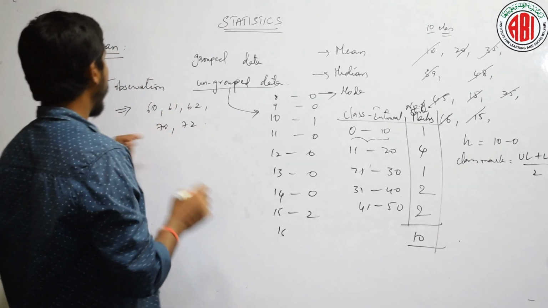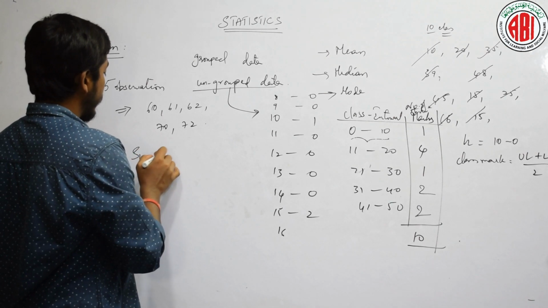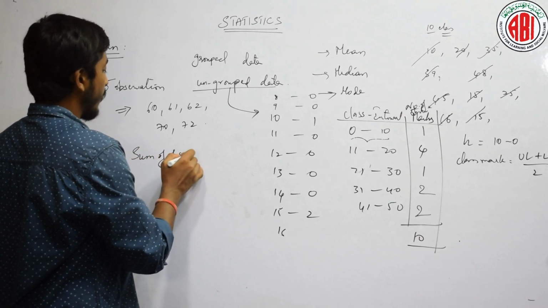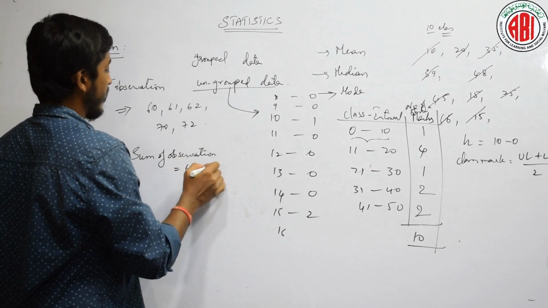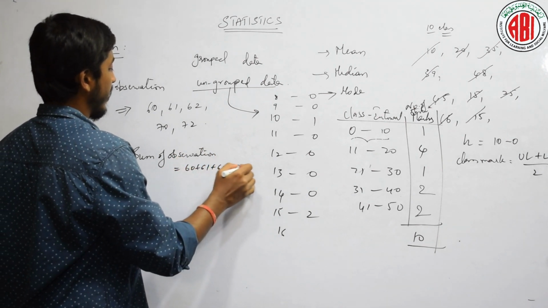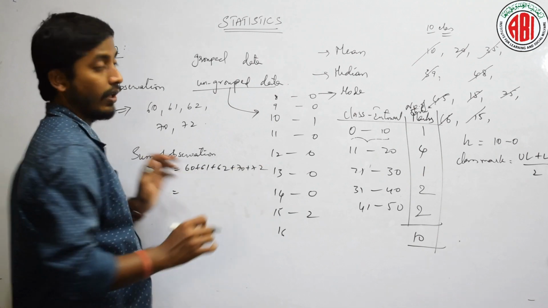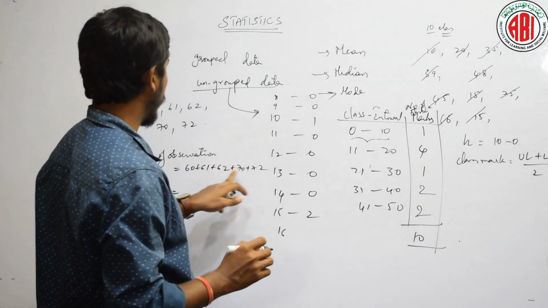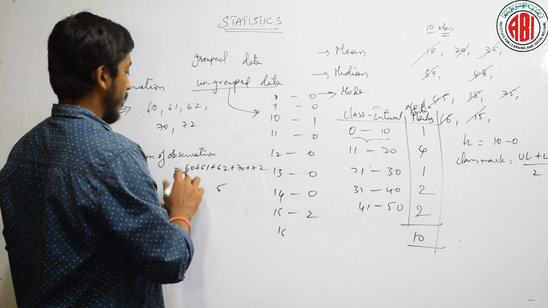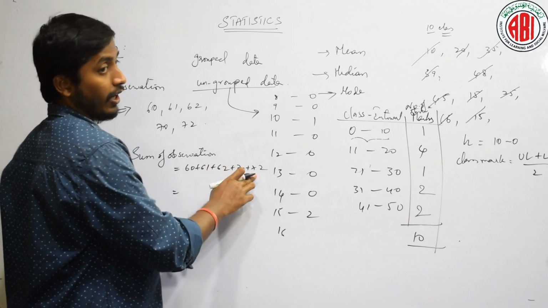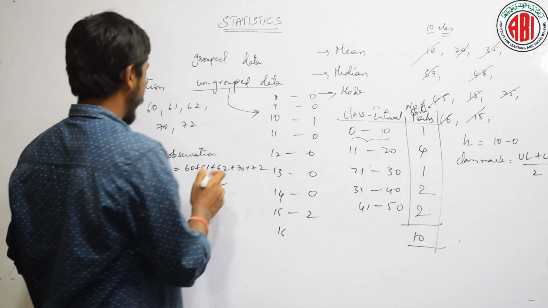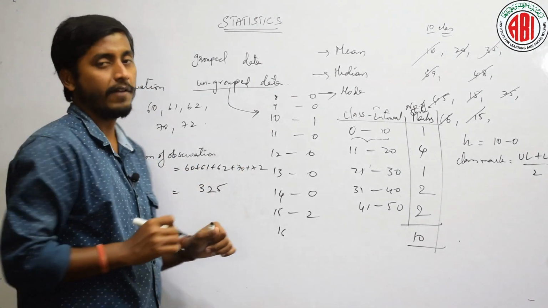Okay. Let me add everything, that is sum of observation. How much is it? 60 plus 61 plus 62 plus 70 plus 72. Is it okay? 2, 4, 5, 6, 3s are 18, 18 plus 14. How much is it? 18, 22, 325.